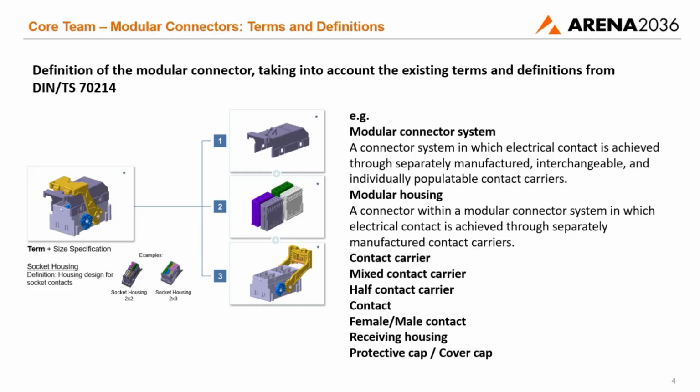And then we have decided to discuss or define a mixed contact carrier, a half contact carrier, where in principle you have the chance to split this given contact carrier and give them 2 different contacts inside.